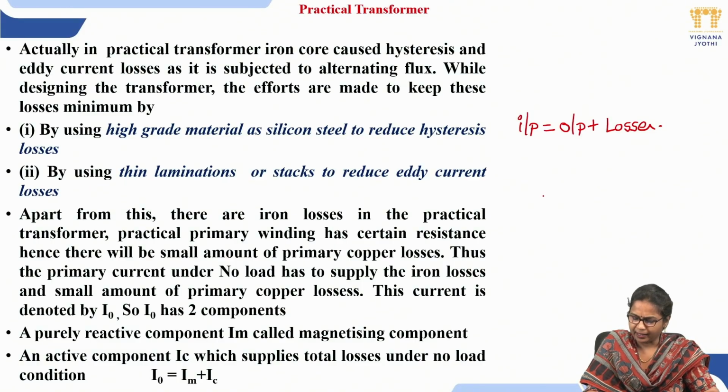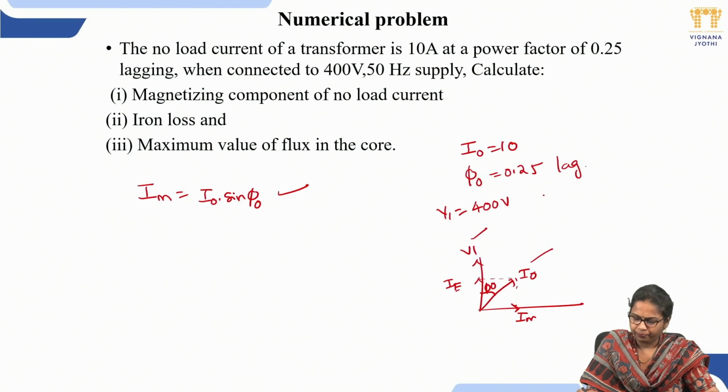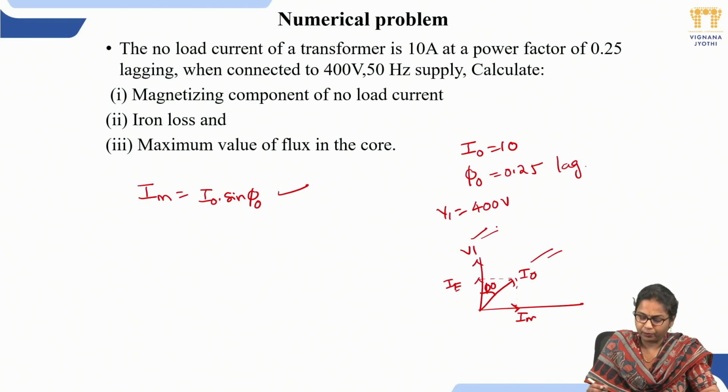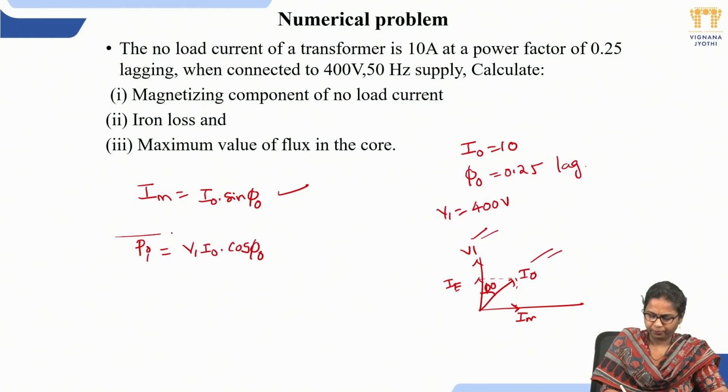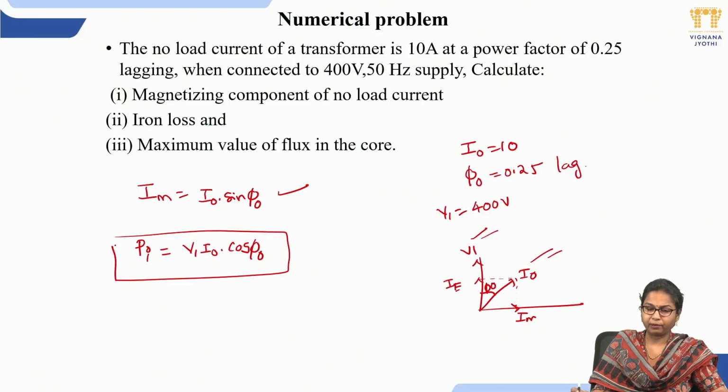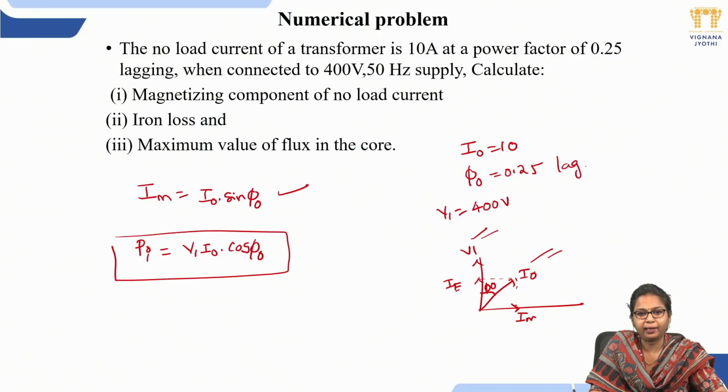Even as far as the no load current is known to you and the primary voltage is known to you, our iron core losses and no load losses can also be calculated, because we are talking about active power, and we know the active power is V I cos phi.